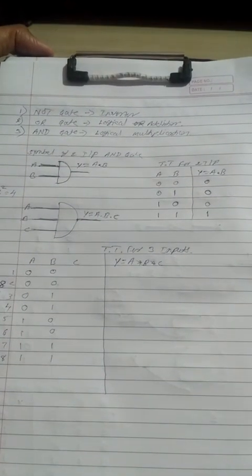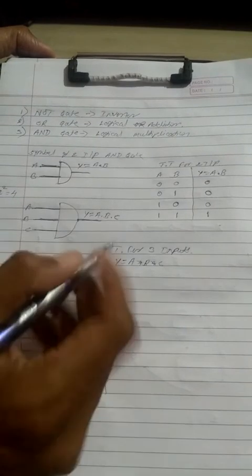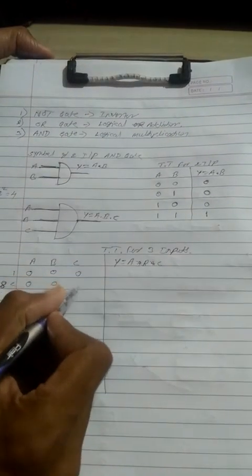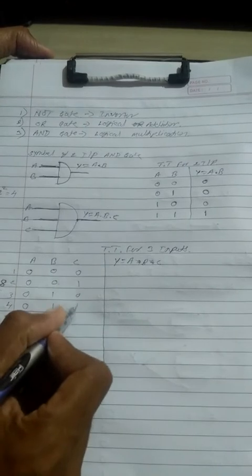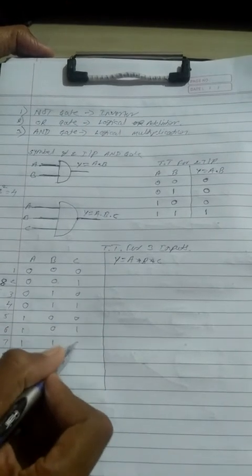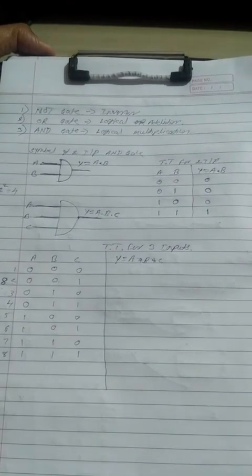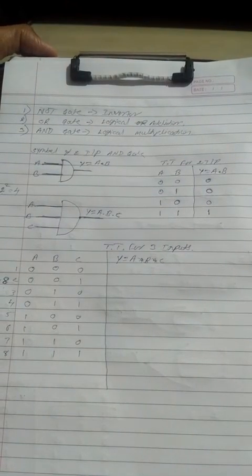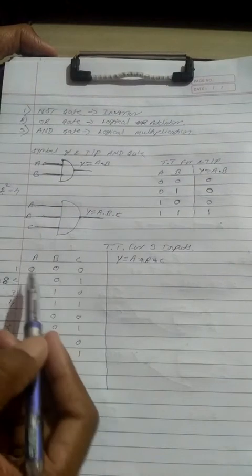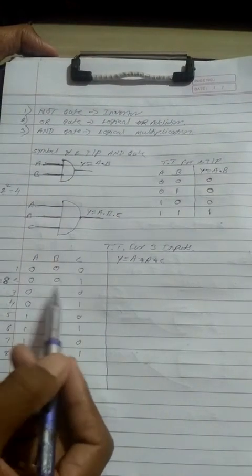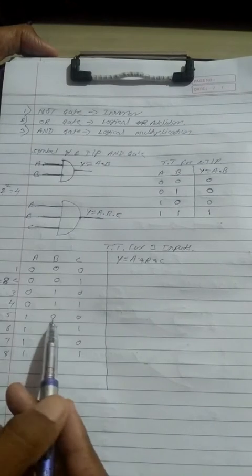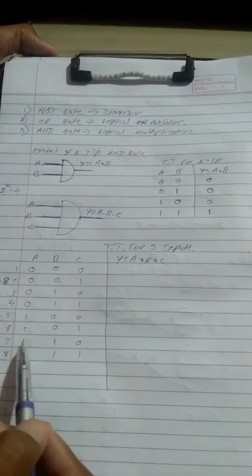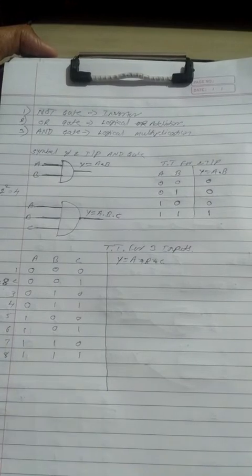Then for C, the third input, you have to take 0 1 0 1 0 1 0 1. This is one technique for entering the values. So the possible inputs are 000, 001, 010, 011, 100, 101, 110, 111.